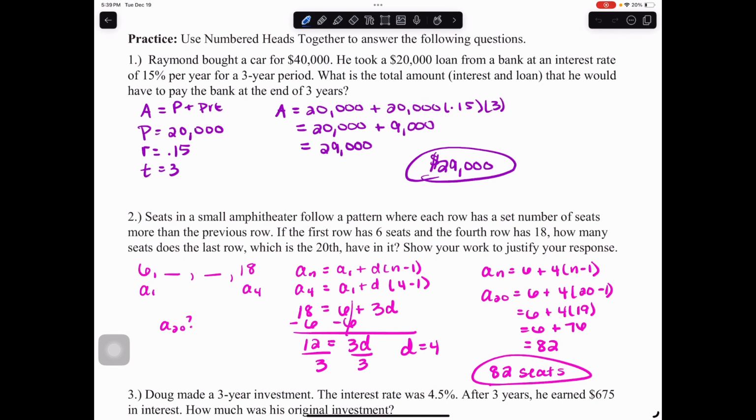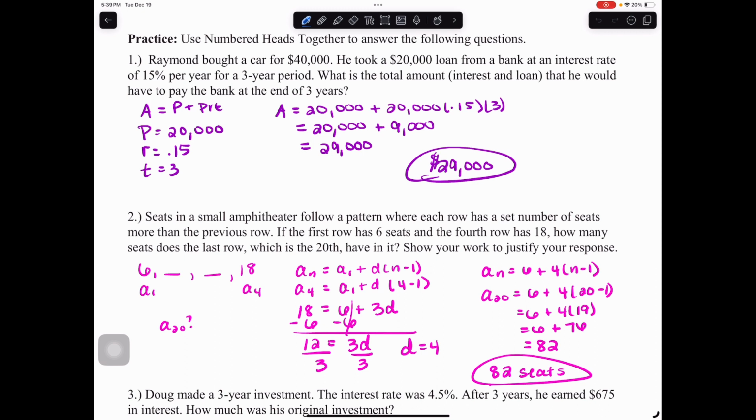In the formula for the arithmetic sequence, we're going to do A sub 4, which means in the n spot you want to put 4. The first term is 6, so that can go in for A sub 1. It simplifies into 18 equals 6 plus 3d. So we would subtract 6 from both sides, divide by 3, and see the common difference was 4.